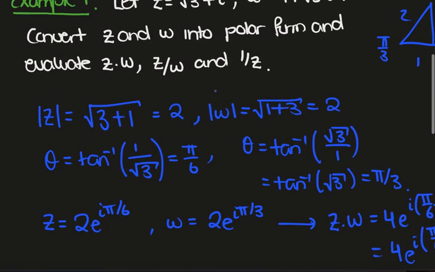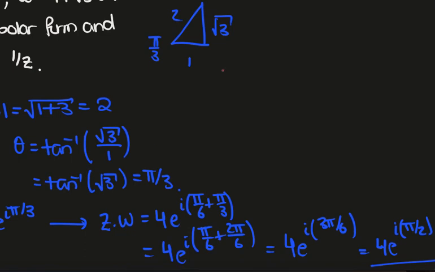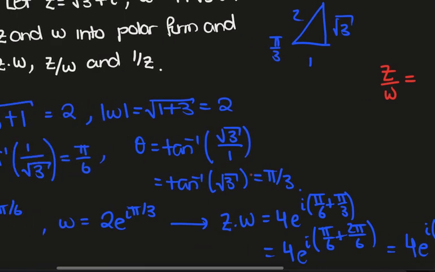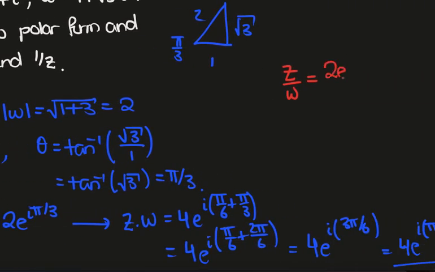Okay, so the next question is to find z over w. So let's do this one in red. So z over w is given by 2e to the i pi on 6 divided by 2e to the i pi on 3.